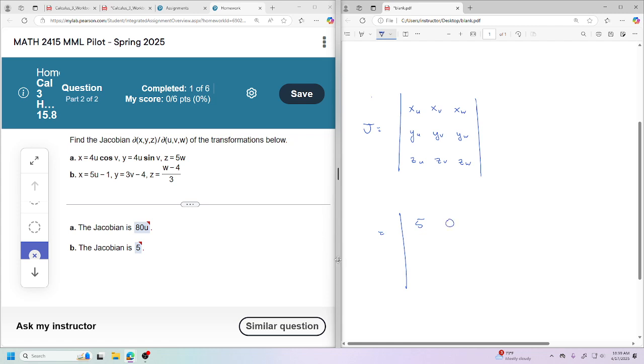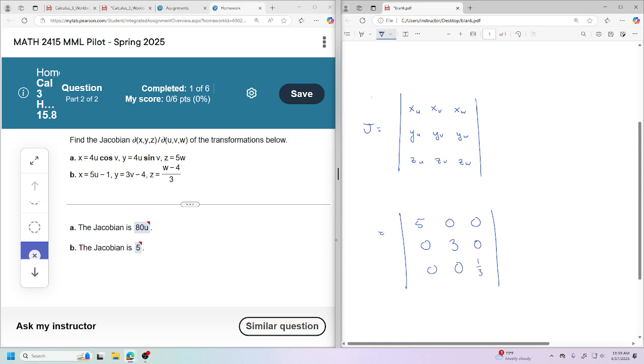Yes, and then w. So far things are looking good. Okay. y in terms of u, in terms of v. Yep. And then in terms of w. And then again 0, 0 for this one. Derivative.